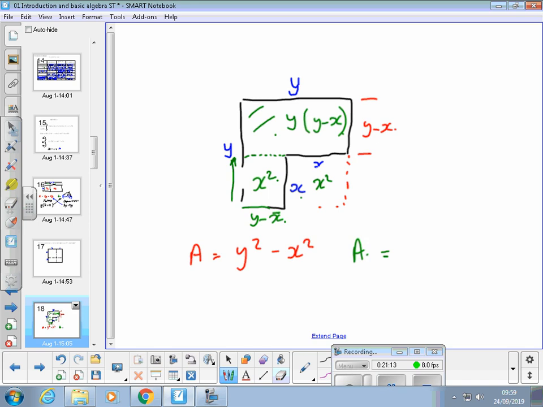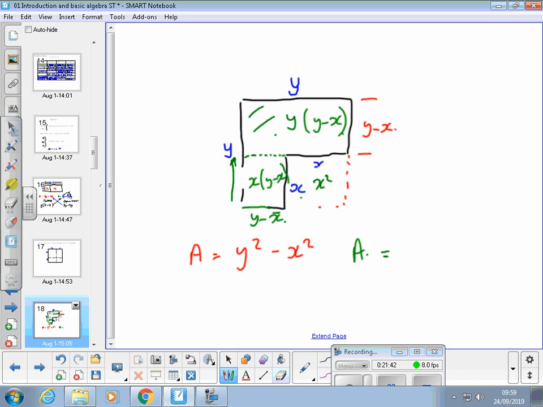No, sorry, this one isn't, is it? No, that's y minus x times x. That bit's y minus x, yeah? That distance is x, that distance is x. So that's y minus x.